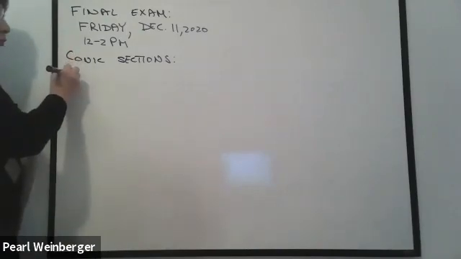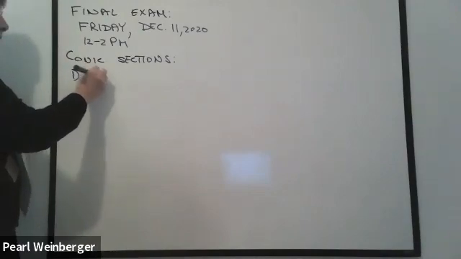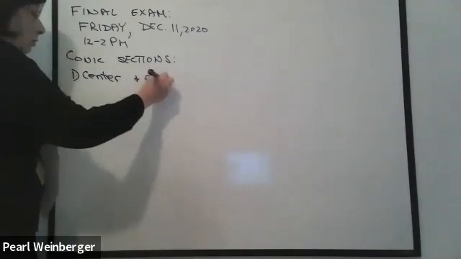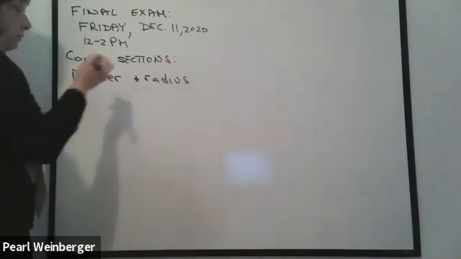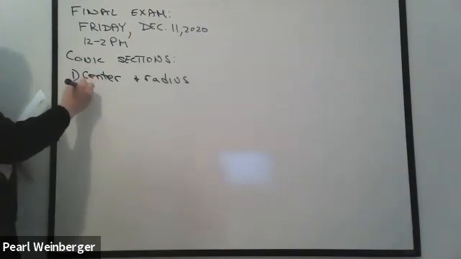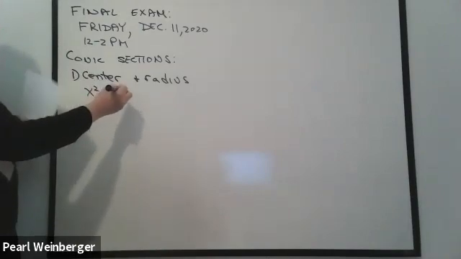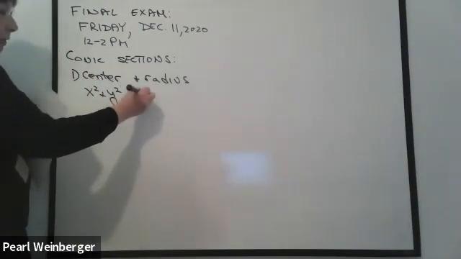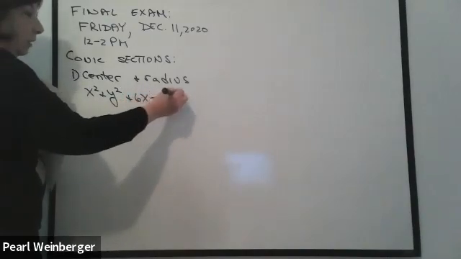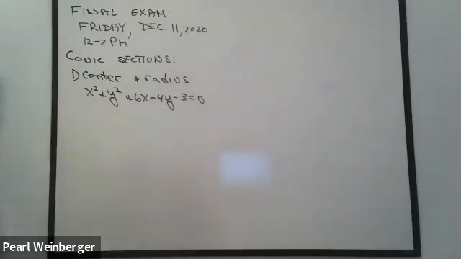Problem number 1 is find the center and radius of the circle whose equation is x squared plus y squared plus 6x minus 4y minus 3 equals 0. So that's question number 1.